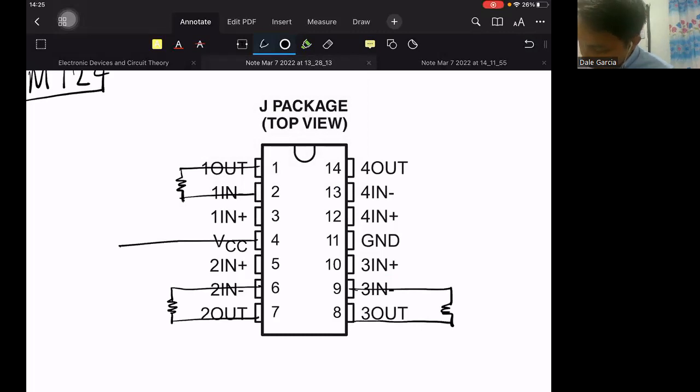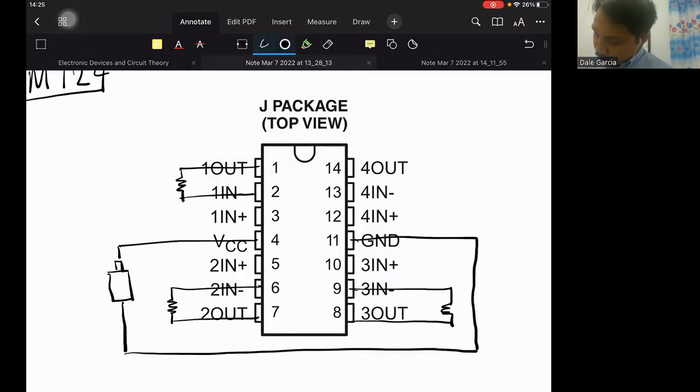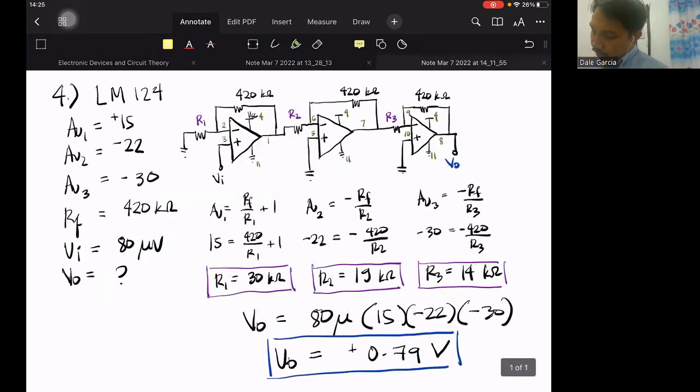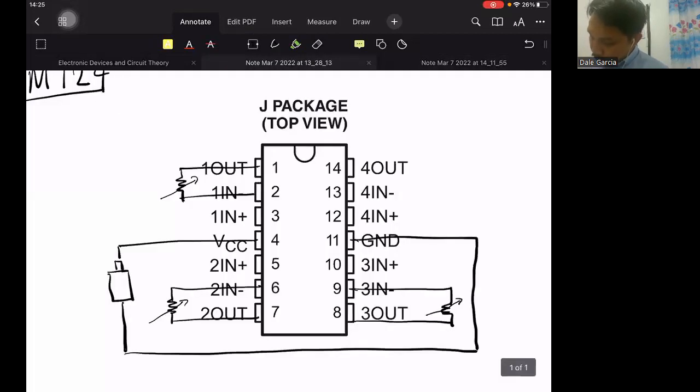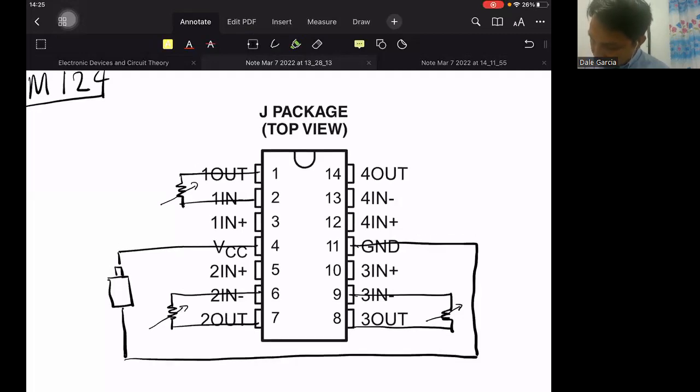Then connect our battery. Here the ground goes to the negative of the battery. The potentiometers for RF have a common terminal so the gain can be varied. So a resistor from 2 to ground.